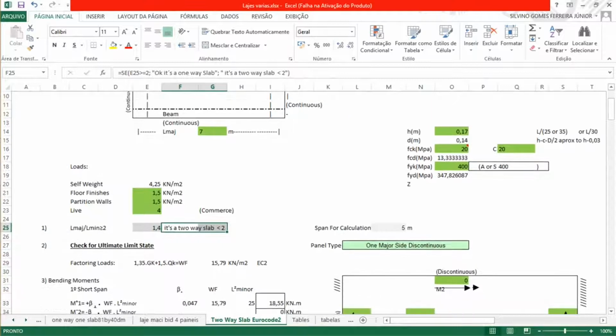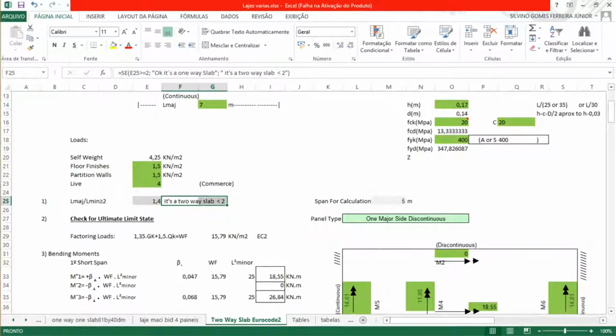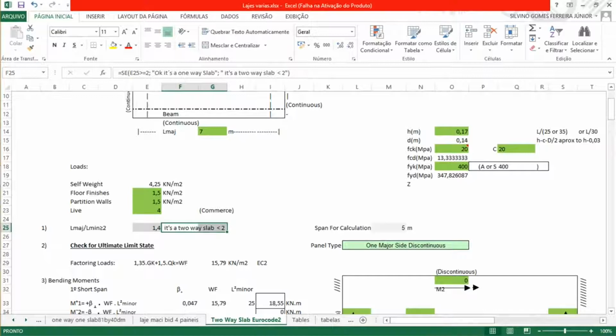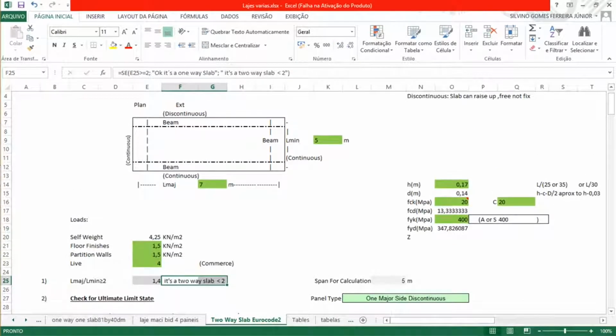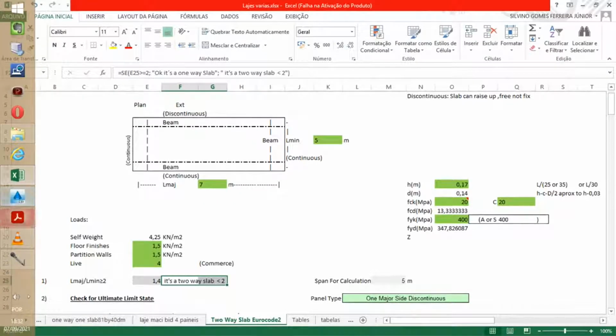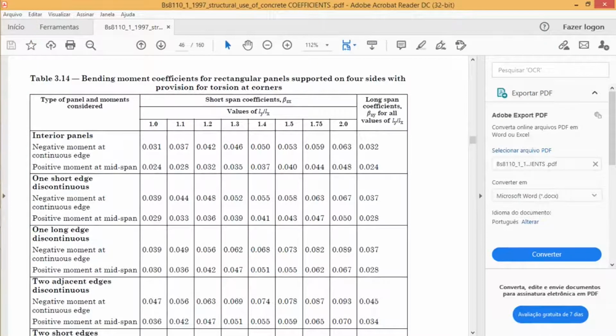So we will use a method in the British Standards, BS 8110, table 3.14, bending moment coefficients for rectangular panels supported on 4 sides. So we have these coefficients that we'll use to determine the moments on the slab.